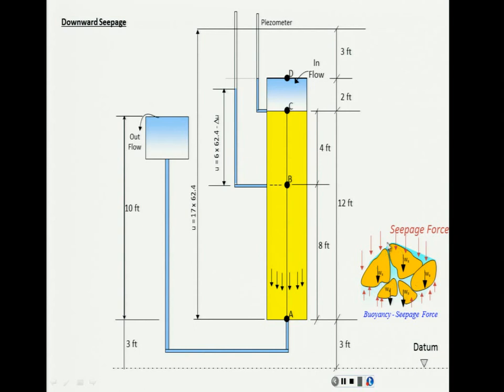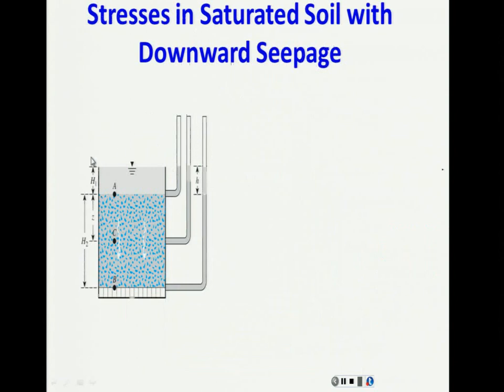Now what is happening is that I have the seepage force acting down, the buoyancy acting up, and the weight of the soil acting down. If you look at this, now it's going to be the opposite. The inflow is from here, the seepage is going down, at this level it is going to be the same, but as I'm going down, this is not here.